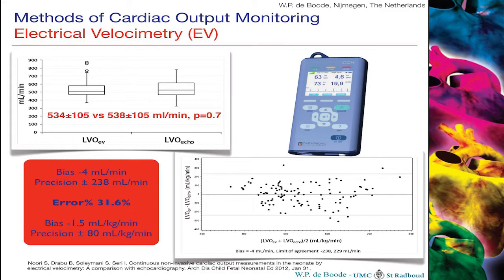And from a study from our colleague Shahab Nouri, they looked at the electrical velocimetry and compared that to transthoracic echocardiography, and what they show is an error percentage of just about 30%, but keep in mind it is in relation to the transthoracic echocardiography. But I think this is very interesting because it would be very nice in a non-invasive way to measure cardiac output if that's possible.